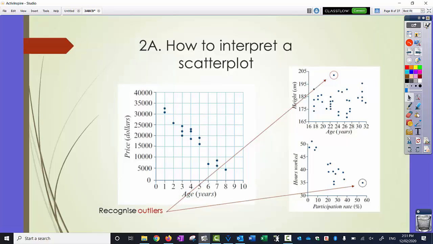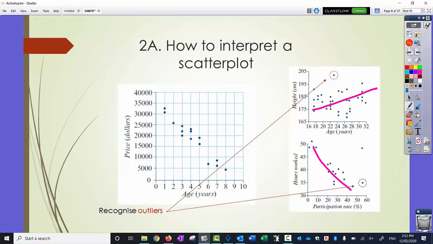So if we had a dot up here, that would be an outlier. You've still got your linear pattern. This one breaks the rule, so you discount it. Overall, there's a linear pattern. That one is obviously outside your pattern, which goes like that. Looking at a scatter plot: strength, direction, form, are there any outliers?